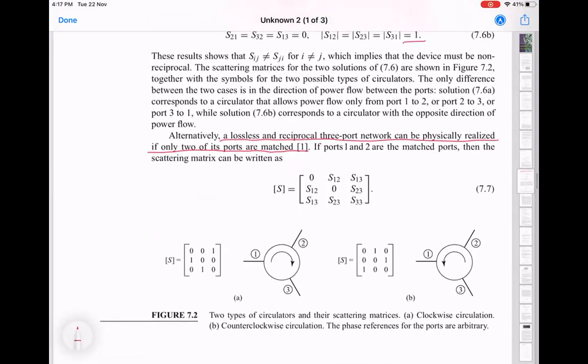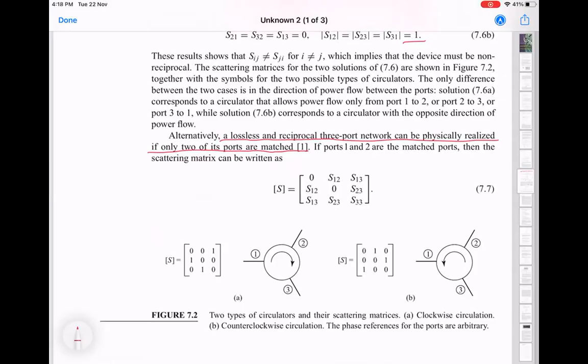So the other possibility now is that we can try to relax the matching part. In this case, they say that it can be realized if only two of its ports are matched. Okay. So remember the strictest condition we were talking about, where we put this condition for the entire network: reciprocal, lossless, and matching on all ports.